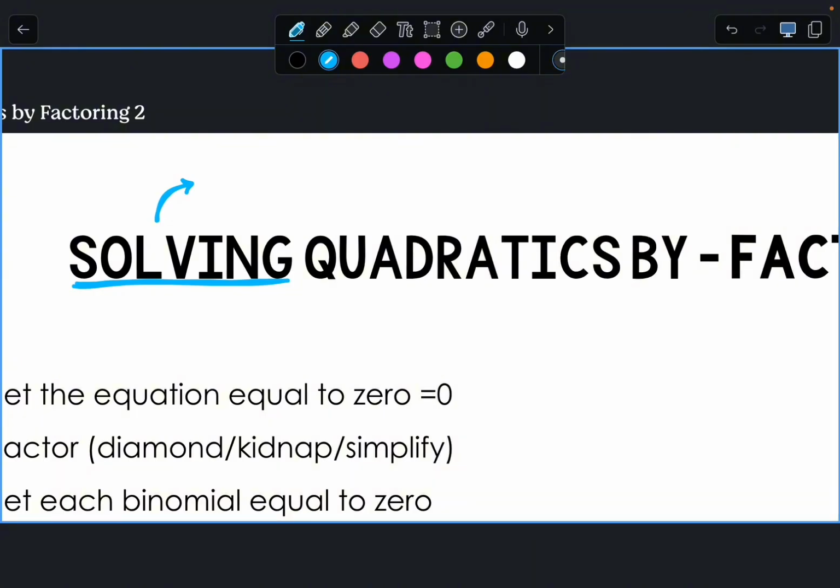What are words for the x-intercept? The zeros. One that starts with an R. The roots.